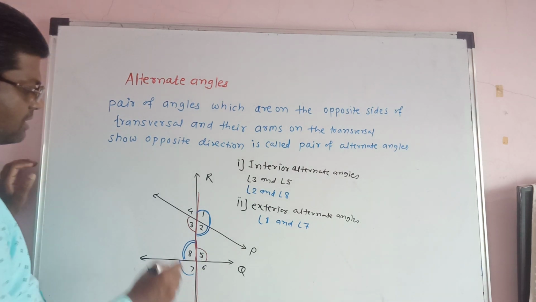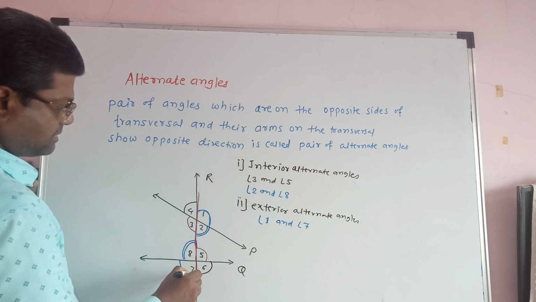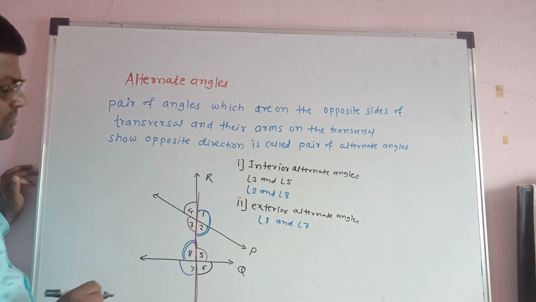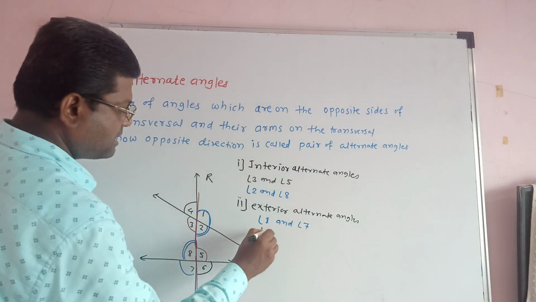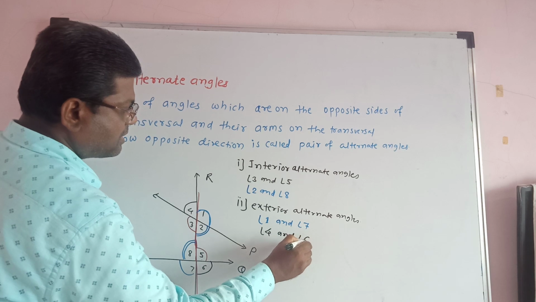Similarly, angle 4 and angle 6 are also called exterior alternate angles.